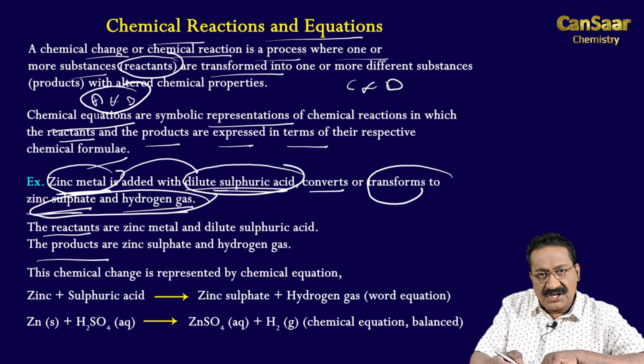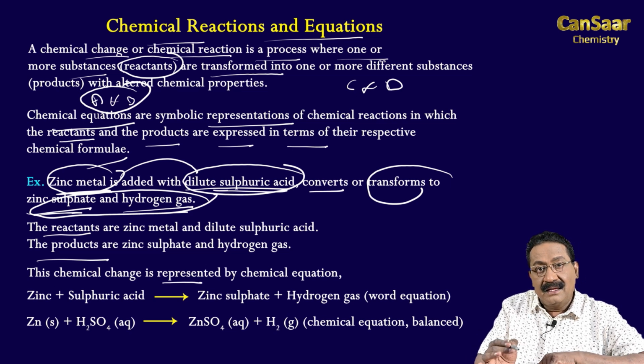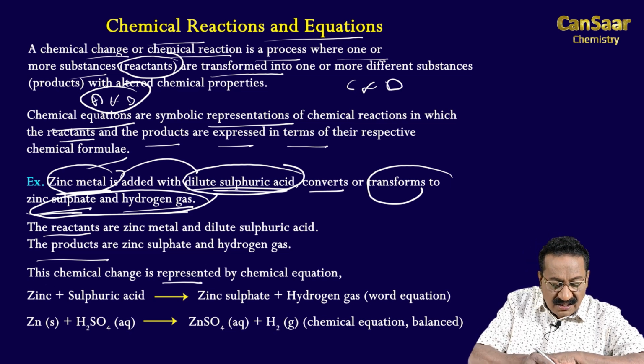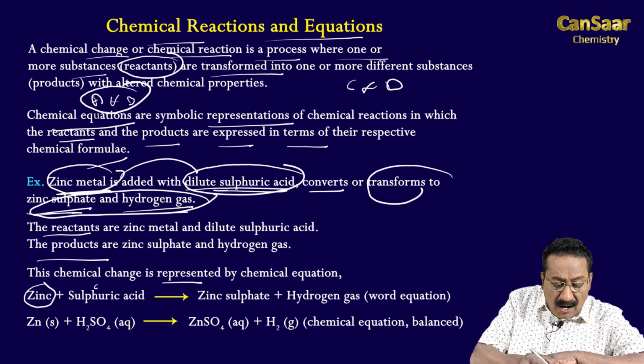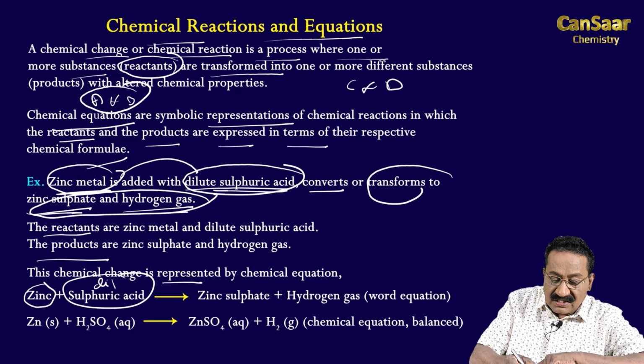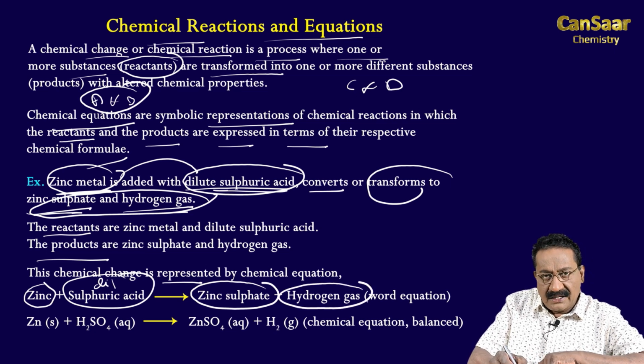This chemical change is represented by a chemical equation. Zinc metal, so-called zinc granules, when dropped in dilute sulfuric acid, the reaction occurs and the products are produced: zinc sulfate, and hydrogen gas is liberated. This representation is called word equation.